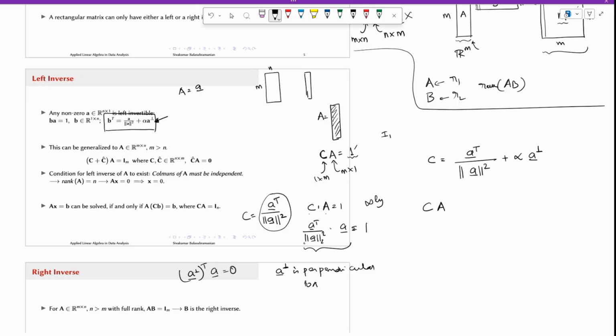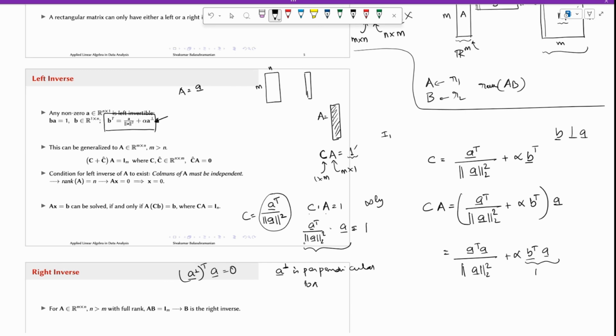Because if you take C times A, it will be A transpose A over the norm squared plus alpha times B transpose A. But B is perpendicular to A, which means this inner product goes to 0.